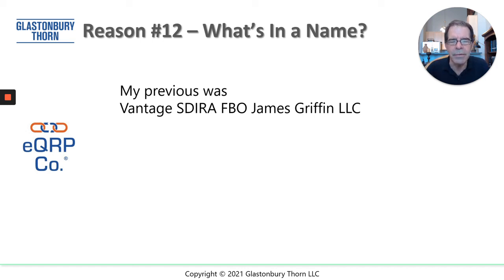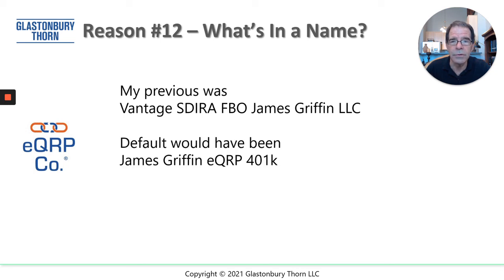This was the name of the LLC: Vantage SD IRA FBO James Griffin LLC. Wow, it was very explicit that it is a retirement account. In fact, when I spoke to EQRP initially, their default naming convention was James Griffin EQRP 401k. It's like, oh my goodness, here we go again.